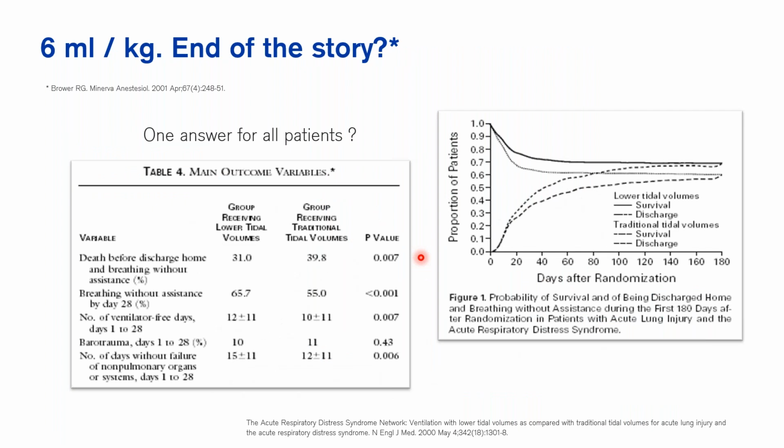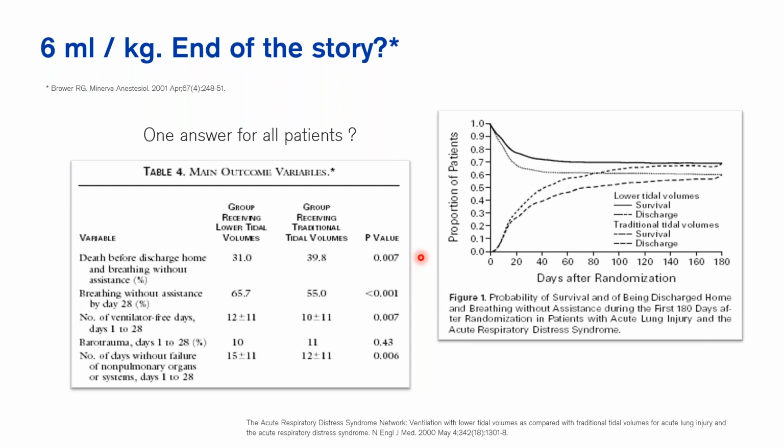Also, another question is: this 6 milliliters per kilogram, is it really suitable for everyone? Or is there also a difference based on the patient conditions?